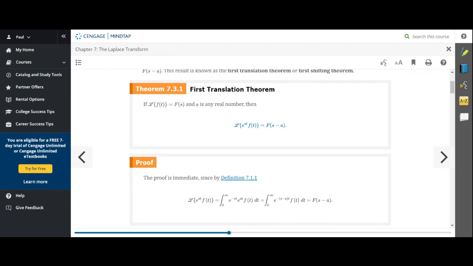But we can rewrite e to the negative st times e to the at as e to the negative (s minus a) times t, f of t dt. And that would just be the Laplace transform evaluated at s minus a. Hence we call this the first translation theorem.